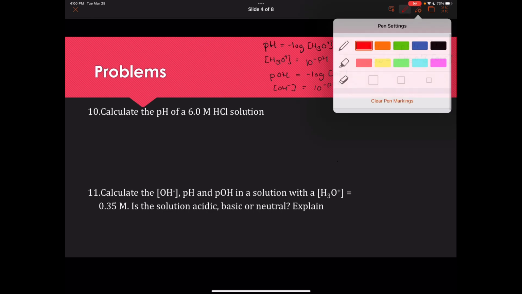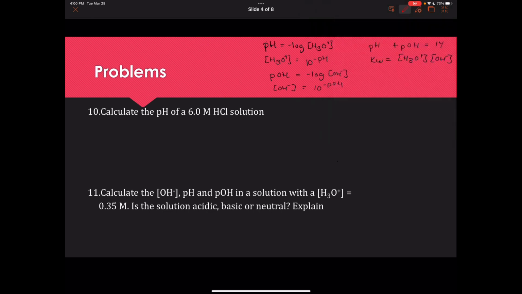So looking at problem number 10 here, we're asked to calculate the pH of a 6 molar hydrochloric acid solution. So if I want pH and I have concentration, we're going to set this such that pH equals the negative log of that concentration. So my pH is going to equal negative 0.78.